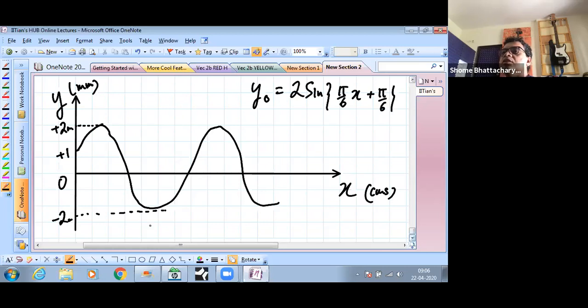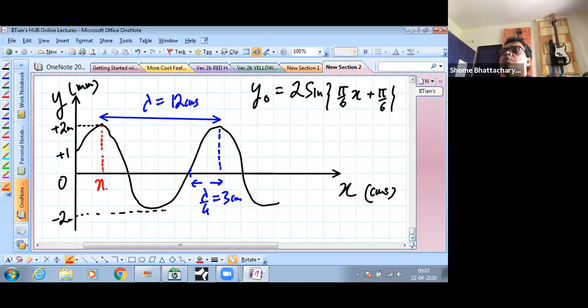In this graph, a couple more things we can see: from here to here, this will be one wavelength, which is equal to 12 centimeters. Which is why, for example, from here to here alone will be a quarter of a wavelength, or 3 centimeters.